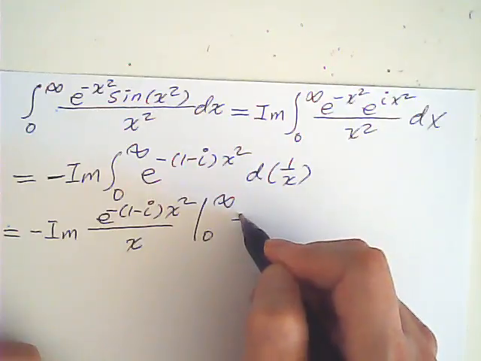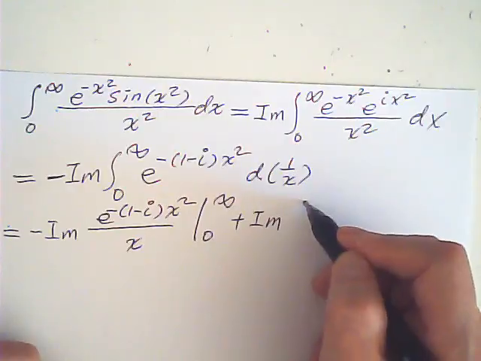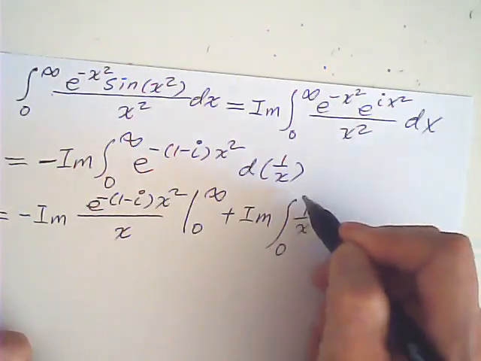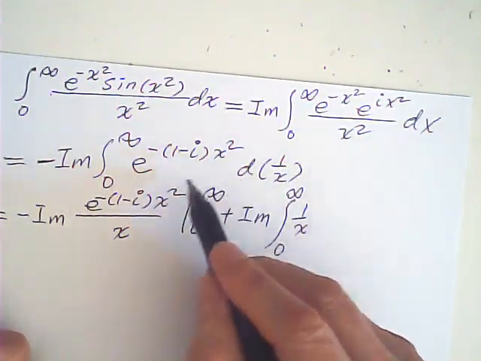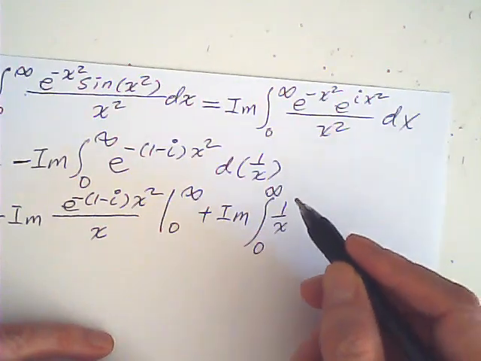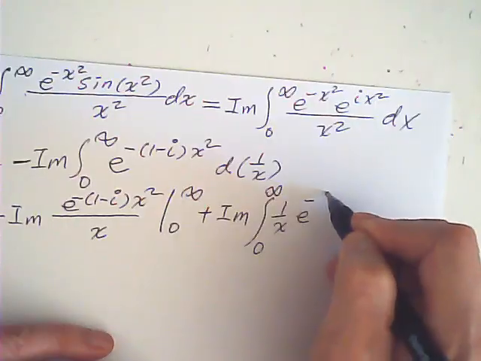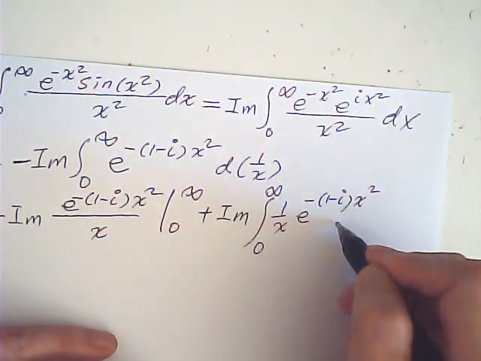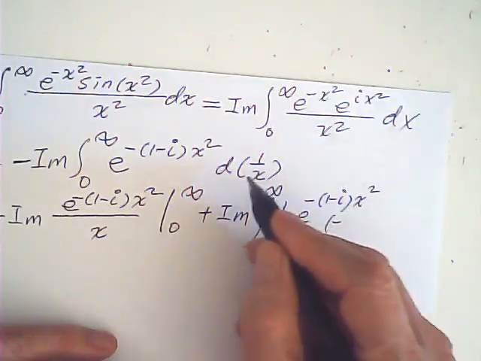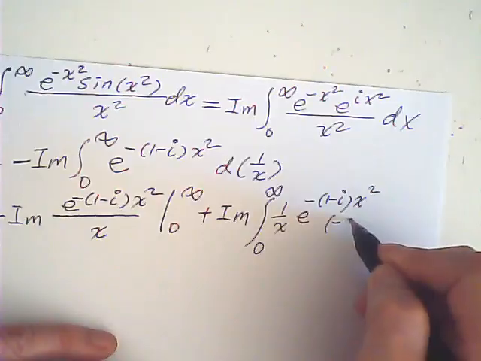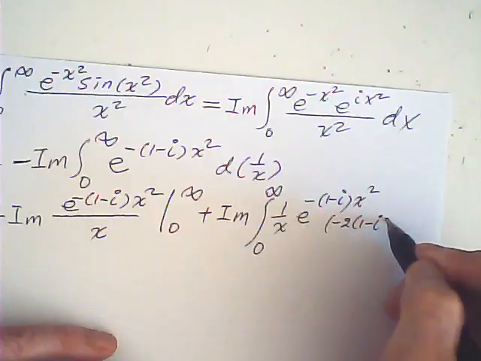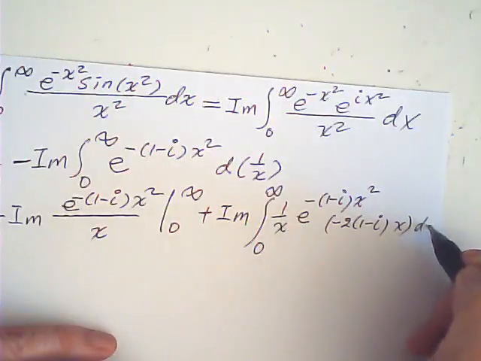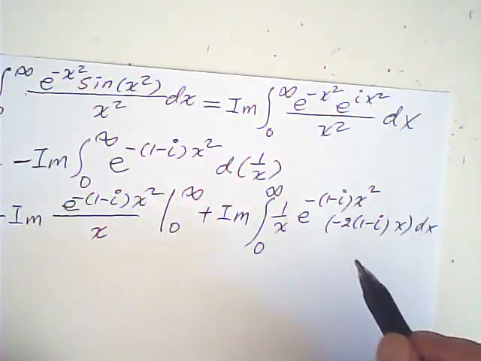Minus becomes plus the imaginary part of that integral, which is 1 over x from 0 to infinity, and this derivative with respect to x, that will be e to the negative (1 minus i) x squared multiplied by the negative, this derivative with respect to x, which is 2 times (1 minus i) x, dx. Wow, I hope it's right.